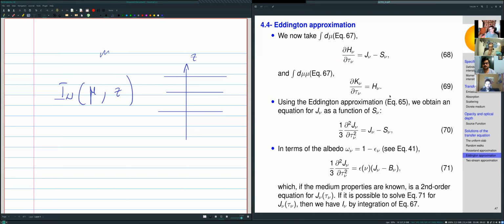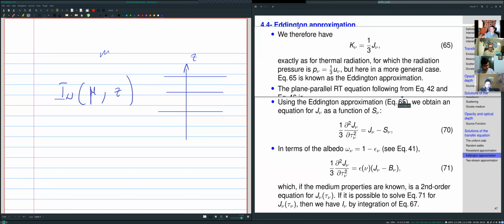And so we saw this last time: when we take moment 0 and moment 1, we get to equation 70 by using the Eddington approximation. So K nu is 1/3 J nu. Okay, we just saw it.